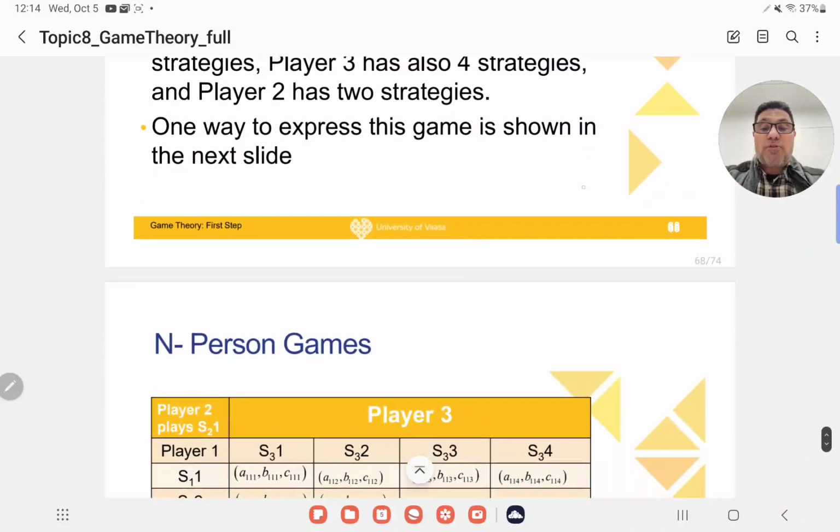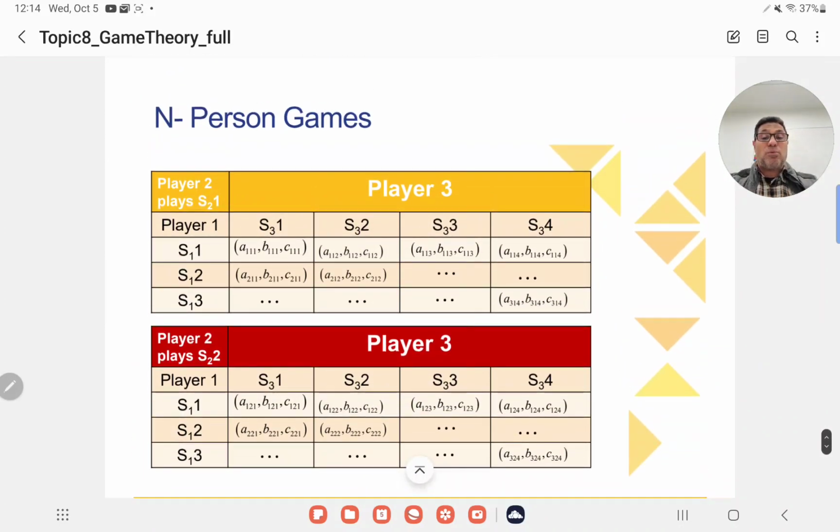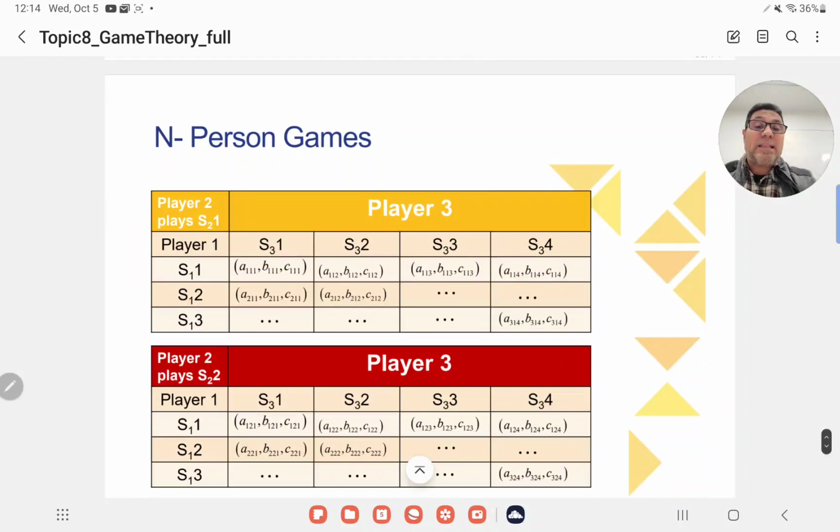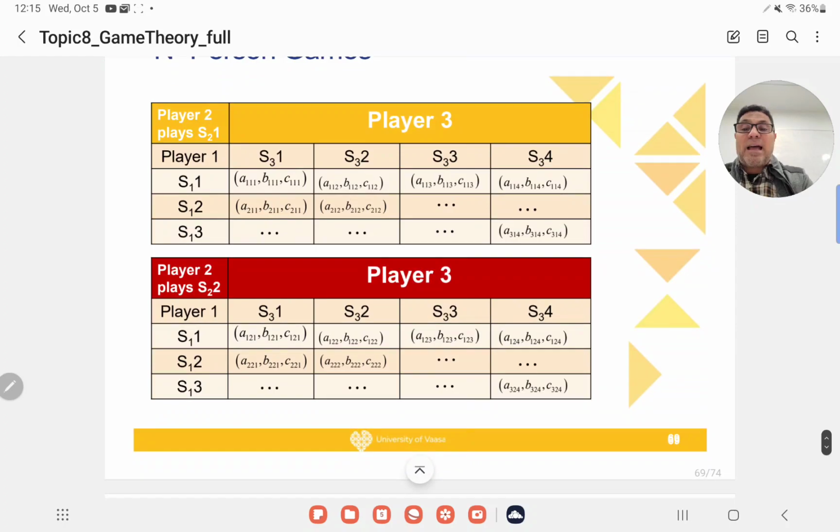Okay, so in the case of discrete strategies and n players, what we have seen already is only 2 players with the payoff matrix. Now if we have, for example, 3 players and also the discrete case, how could we solve this problem? It is quite easy to solve, but in this case we will have more than one matrix. For example, you can consider player 1 against player 3 if player 2 plays the first strategy, and then again player 1 against player 3 if player 2 plays the second strategy, and so on.